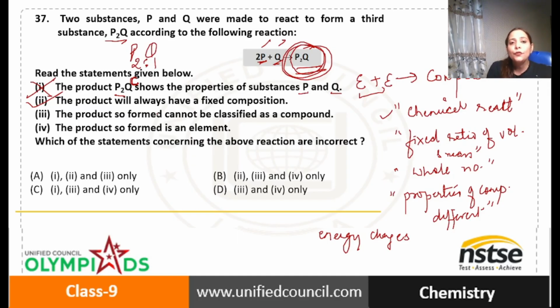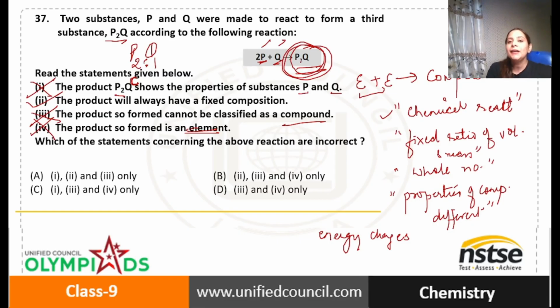The product so formed cannot be classified as a compound. It is false. It is classified as a compound because a compound is formed when atoms of two or more elements combine in a fixed whole number ratio. Fourth, the product so formed is an element. No. An element is a substance formed of one kind of atom, and it cannot be further broken down.